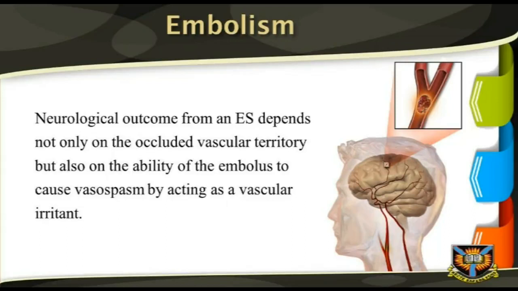The vasospasm can occur in the vascular segment where the embolus lodges or can involve the entire arterial tree. Vasospasm tends to occur in younger patients, probably because the vessels are more pliable and less atherosclerotic.